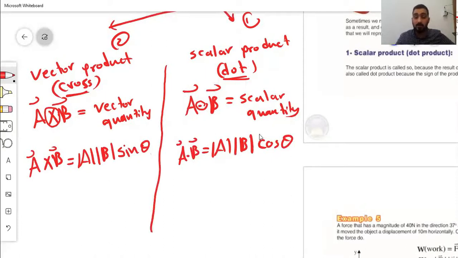I need to focus on this point. In scalar product we use cosine theta, and in vector product we use sine theta. This is the main difference between scalar product and vector product.